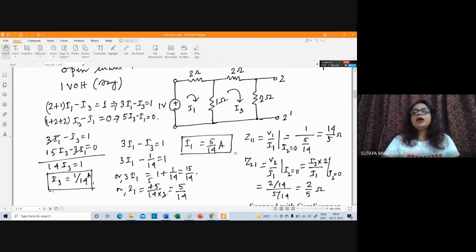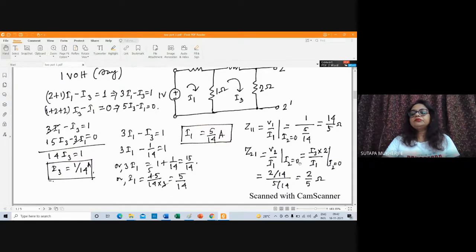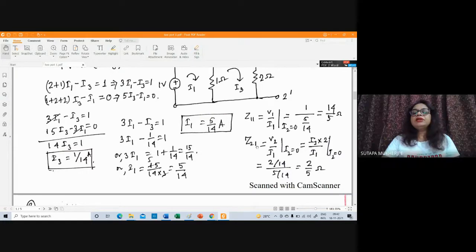Okay. Now Z11 is equal to what? V1 by I1. So what is V1? 1 volt. What is I1? 5 by 14. Put the value here, you will get Z11. Is it clear to all of you? Yes, ma'am. Similarly, Z21 is V2 by I1, putting I2 to 0. So what is V2?